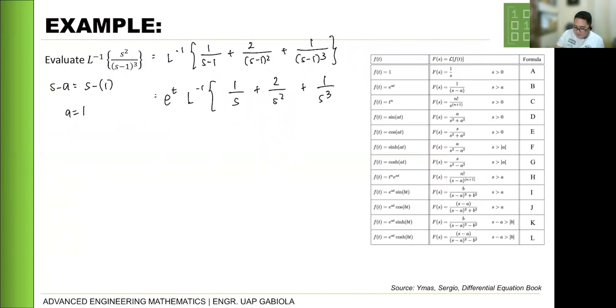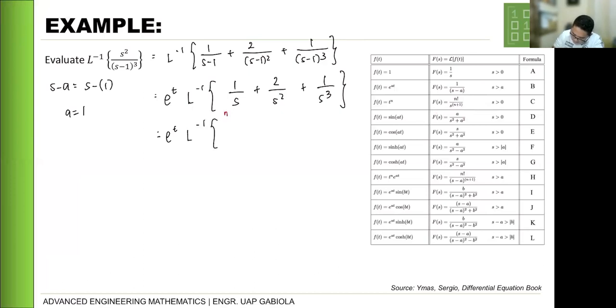So what can you say about yung mga nasa term natin? 1 over S squared, 1 over S cubed. That is actually the same as nung ating t raised to n na transform equation na n factorial over S to the n plus 1.